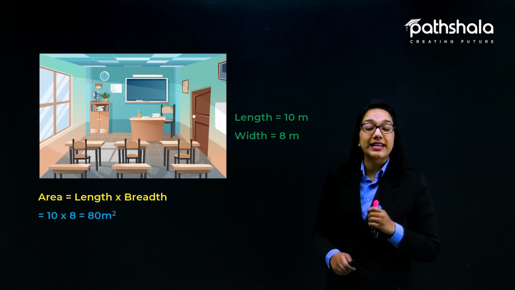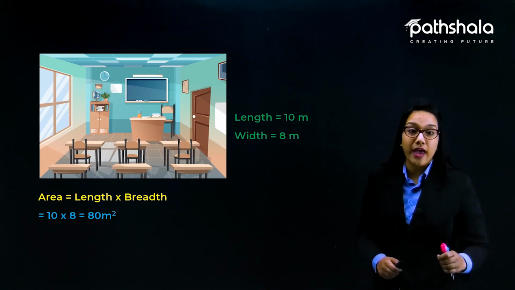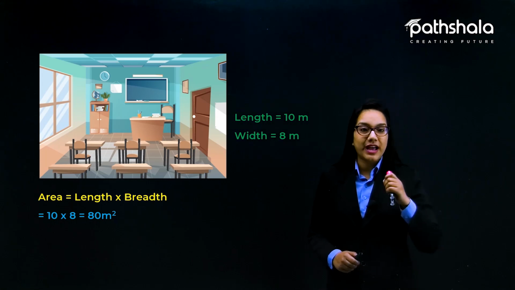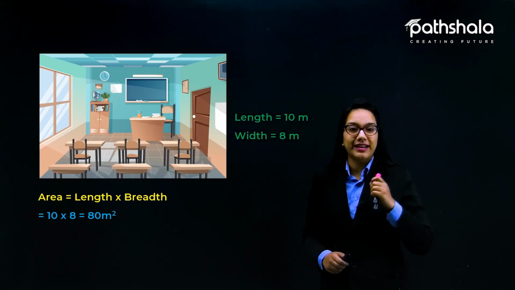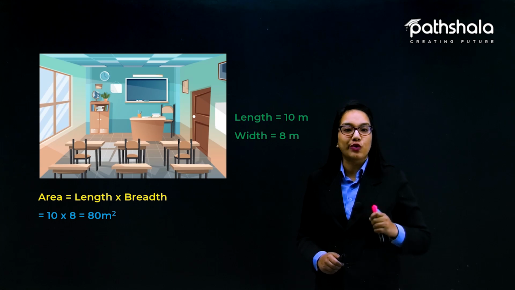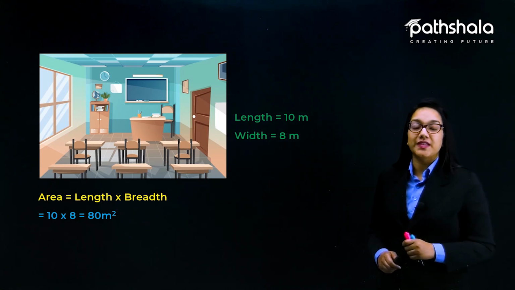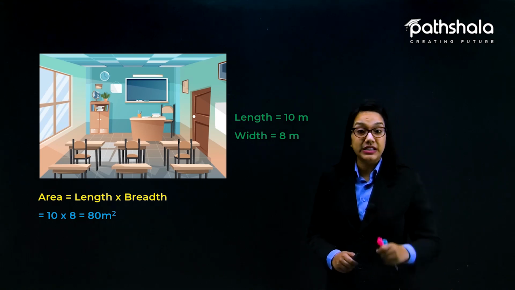Then we get the answer as 80 meters square, because the measurements are 10 meters and 8 meters, so the unit is meter square. So the area is equal to 80 meters square.